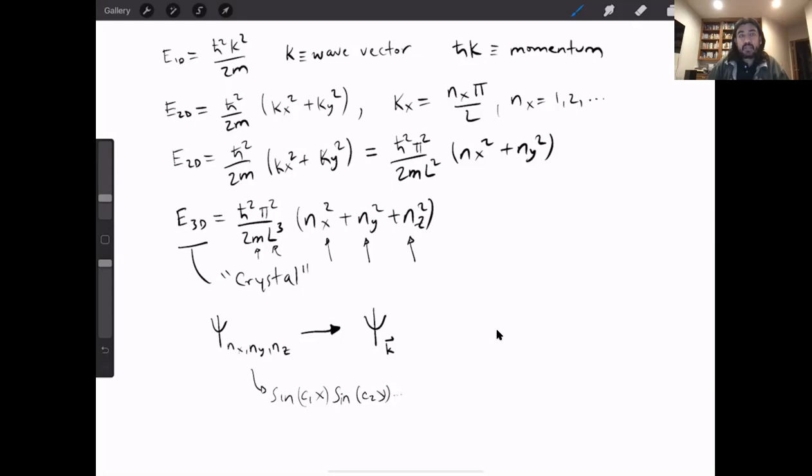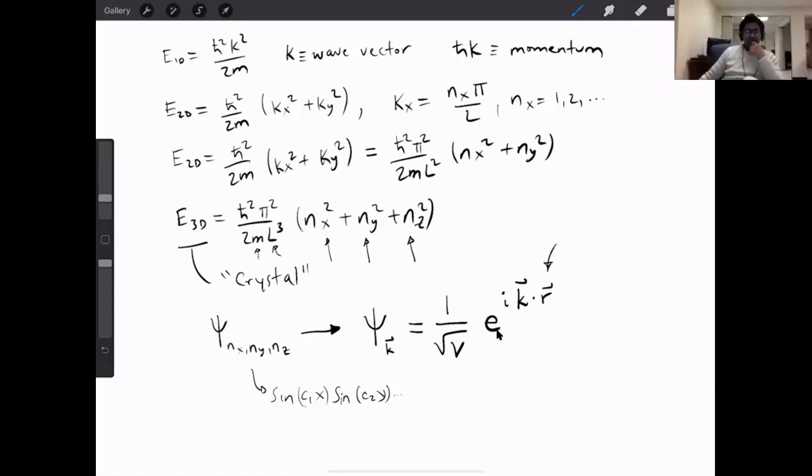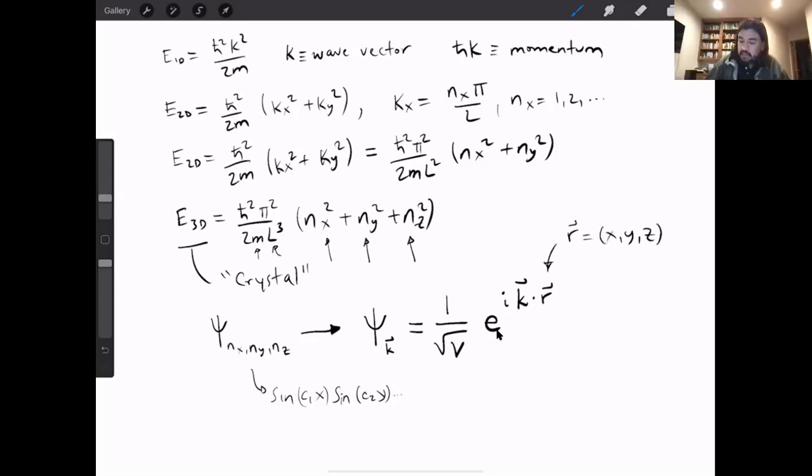And this one that I'm thinking about is the equivalent one. We have a normalization factor for it that is related to the volume of the system, because our wave functions have to be normalized. And then it's an exponential of the imaginary number, the wave vector k dotted with the position vector r. R is this x, y, z vector.